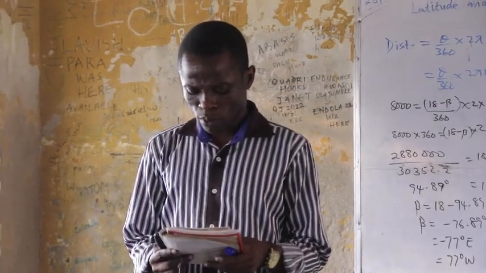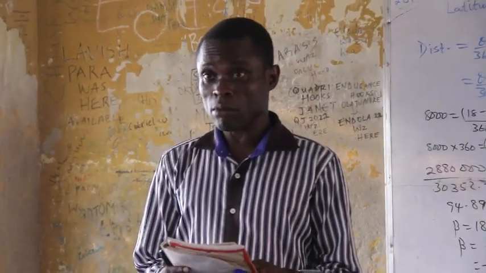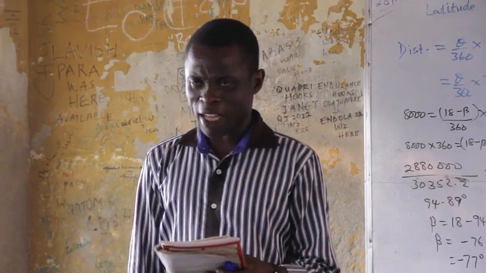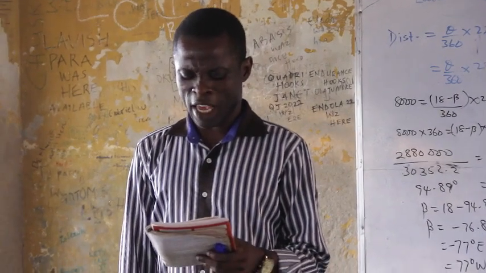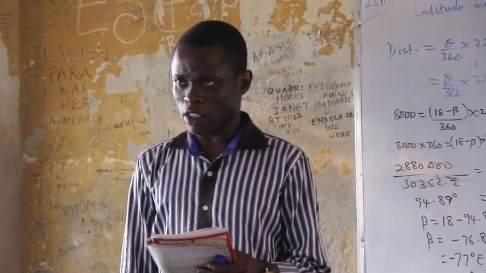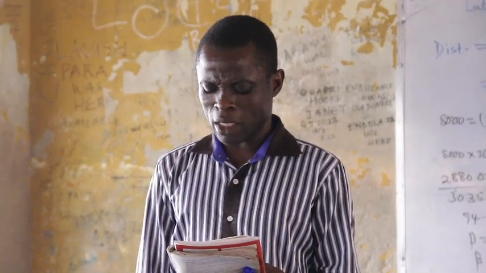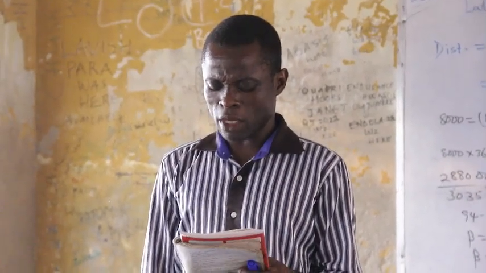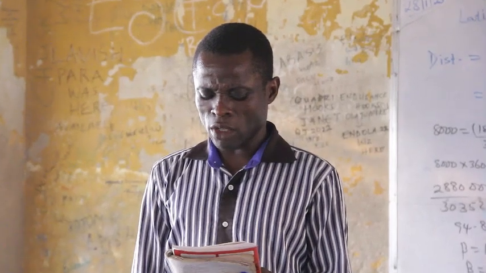Number 2. Havana and Canton are both on latitude 23 degree north.